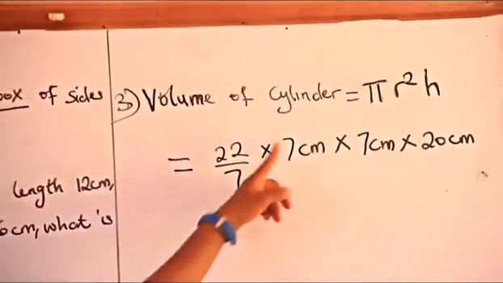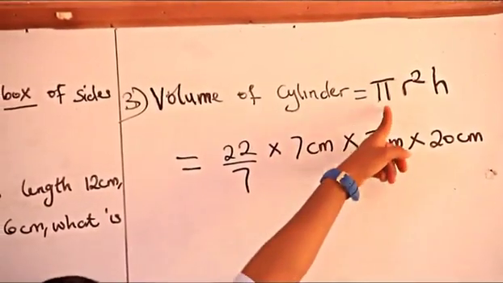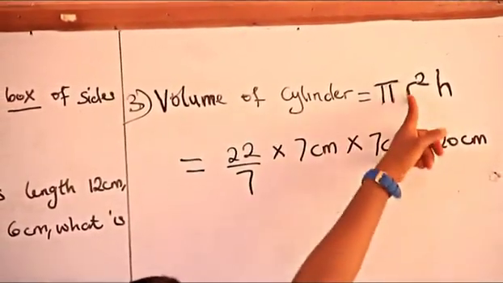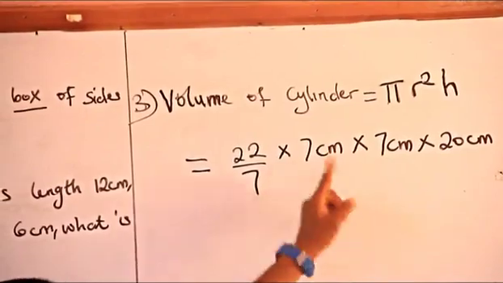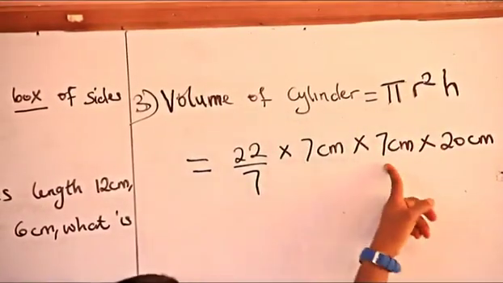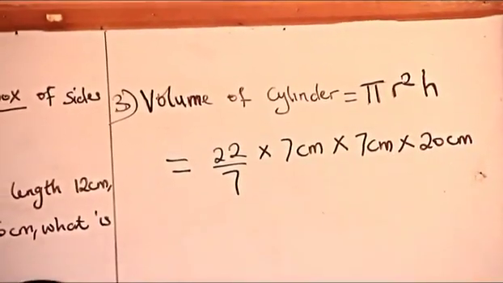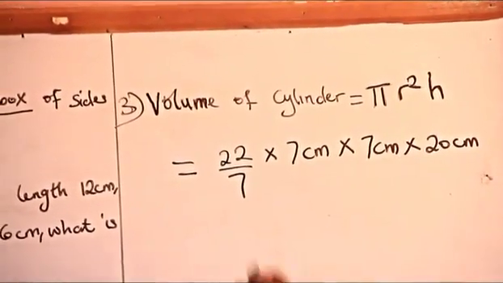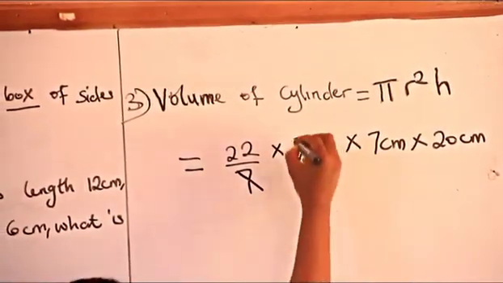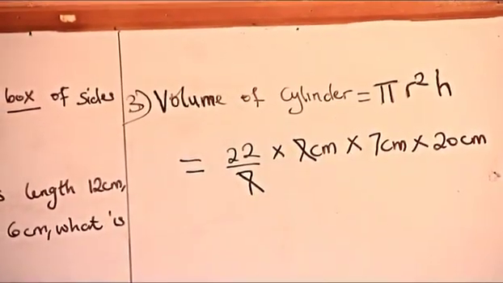That is 22/7, which is the pi, multiplied by radius 7 centimeter, radius 7 centimeter again, times the height, which is 20 centimeter. Now we divide. 7 will cancel out 7.